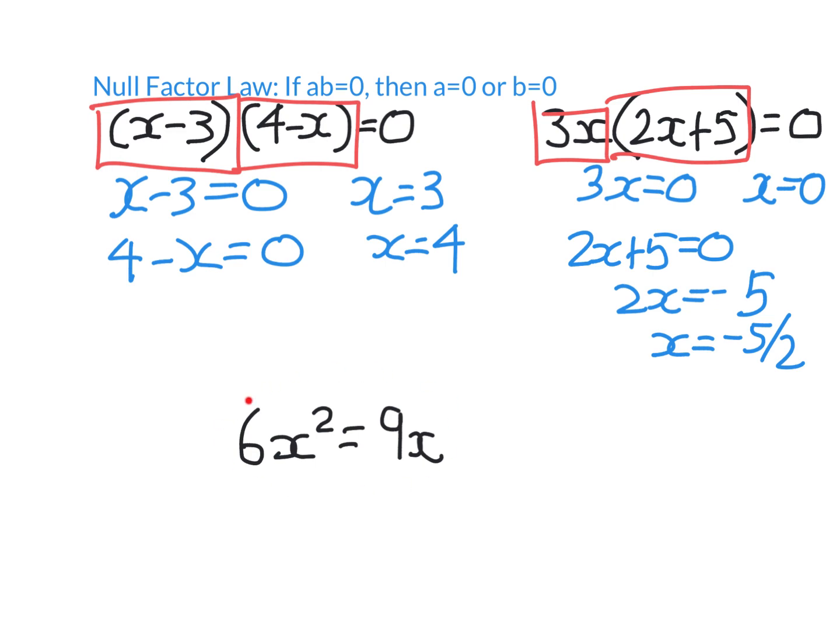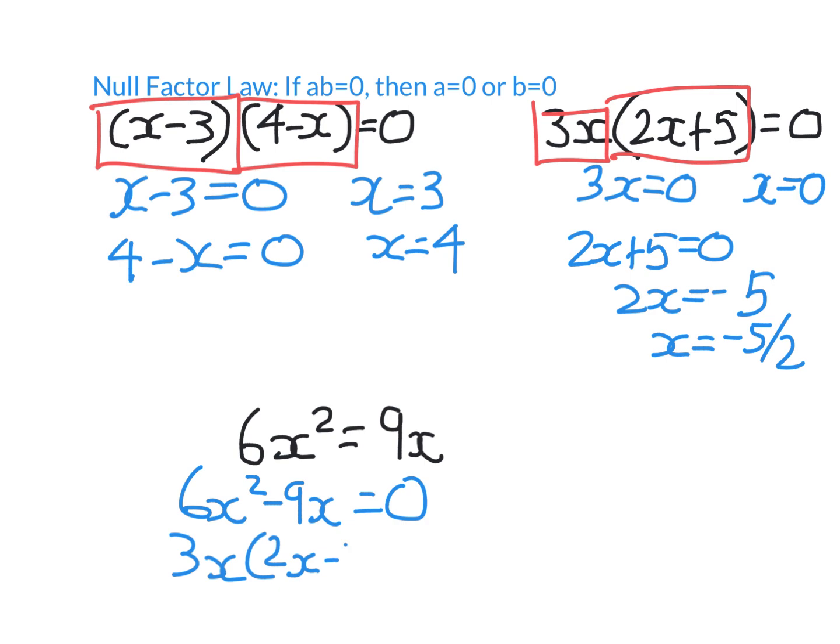So how could we use the null factor law for something like this? Well, there are two ways we could do it. We could subtract 9x from both sides and then factorize. So the highest common factor of these two is 3x. What do you times by 3x to get 6x squared? Well, that's 2x. What do you times by 3x to get -9?